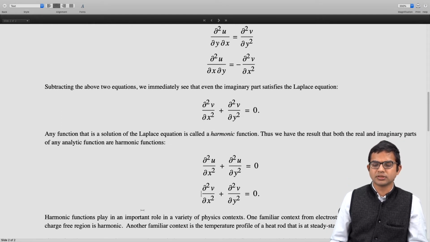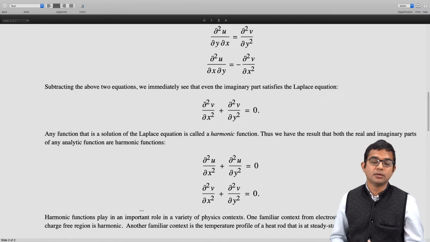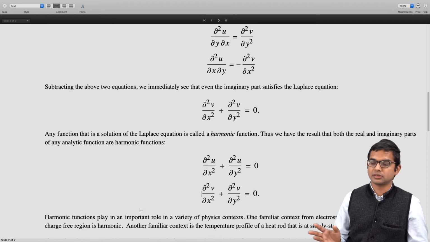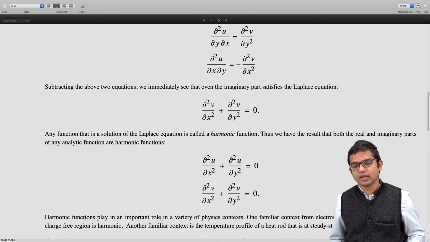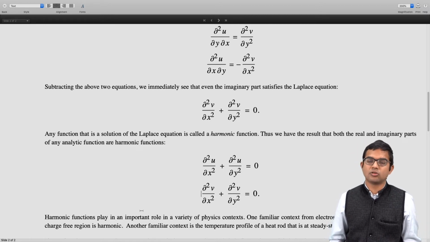Harmonic functions, like we said earlier, are something we have seen in many physical contexts. They have importance. One is in electrostatics, when we are looking at the potential phi in a charge-free region. Another is the context of the temperature profile of a heat rod which is in steady state.